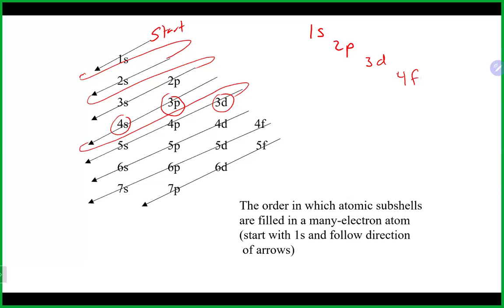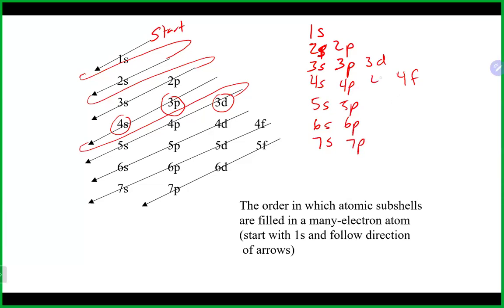Once you've got that arrangement of 1, 2, 3, and 4, all you have to do is fill in numbers down to 7 below it and put the same letter. So I would go 2s, 3s, 4s, 5s, 6s, 7s. I would come here: 2p, 3p, 4p, 5p, 6p, 7p.